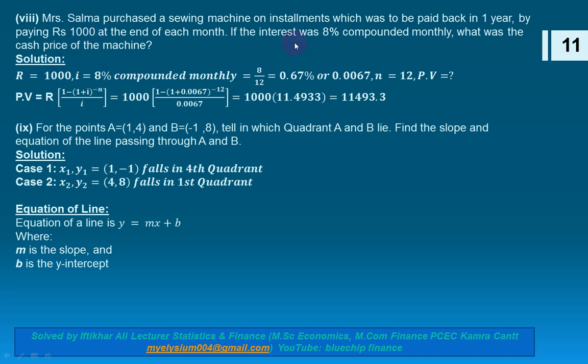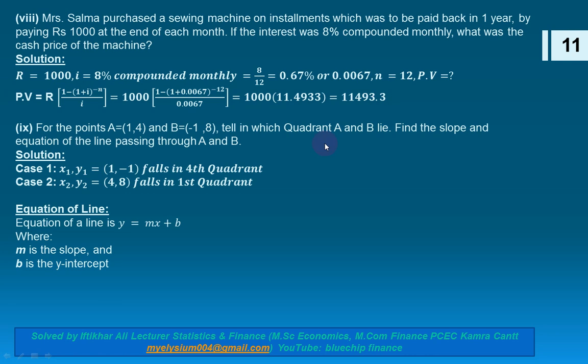And what is missing here? What was the cash price of the machine? Present value is missing here. So we just use here the present value formula, which is R multiplied by 1 minus 1 plus I raised to power minus N divided by I.